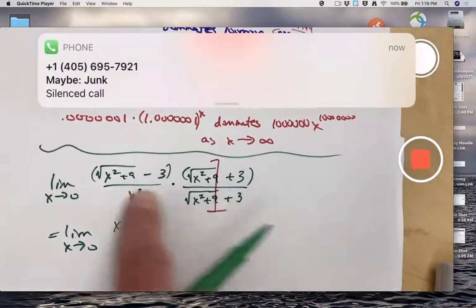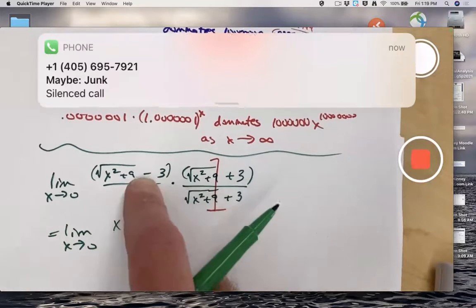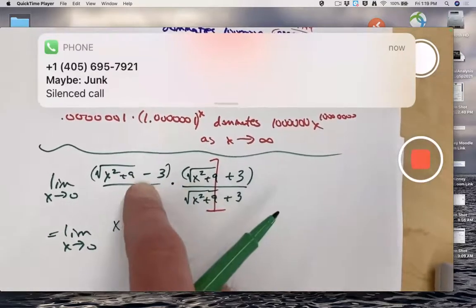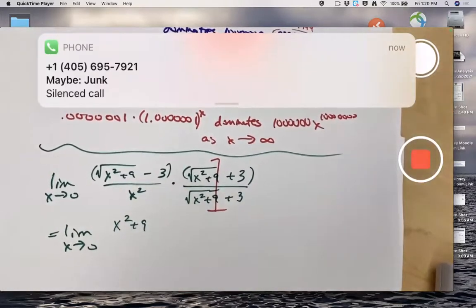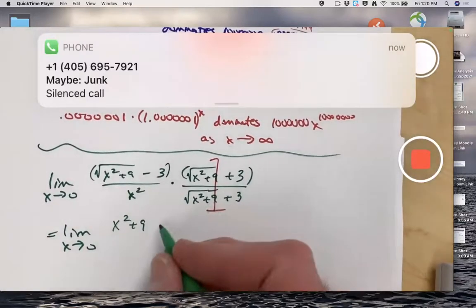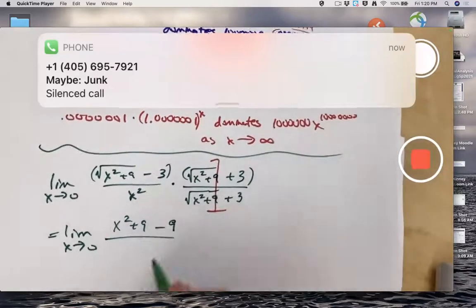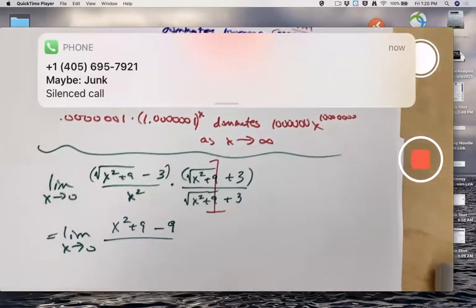It's 3 times that square root. Inside times inside is negative 3 times the square root. Those cancel. I'm not going to bother writing them down. And last times last is negative 3 times 3, which is negative 9. Hey, wasn't that cool? That makes the top a lot simpler.